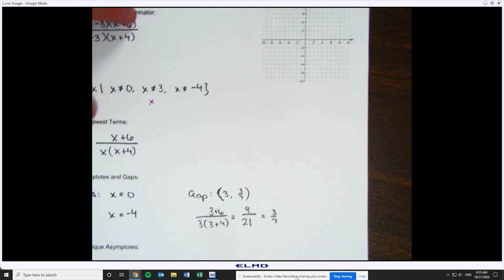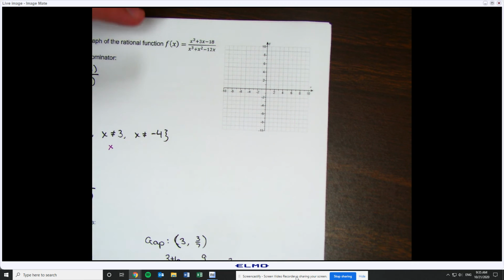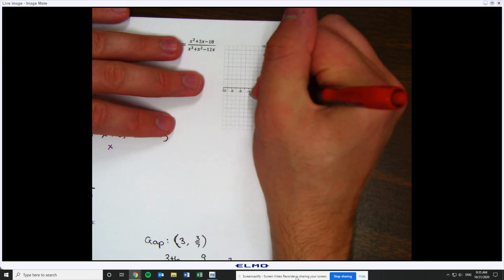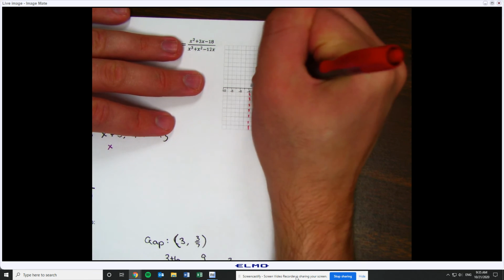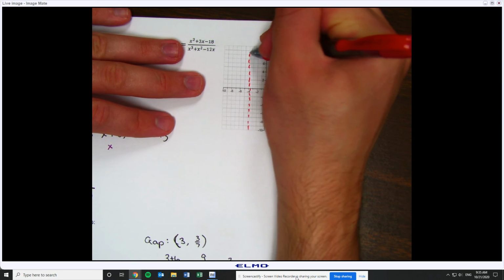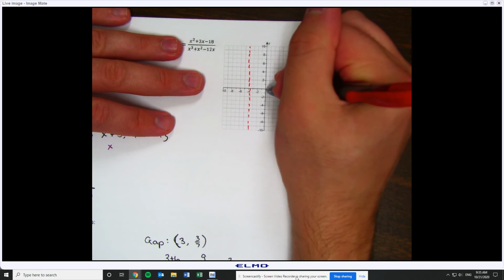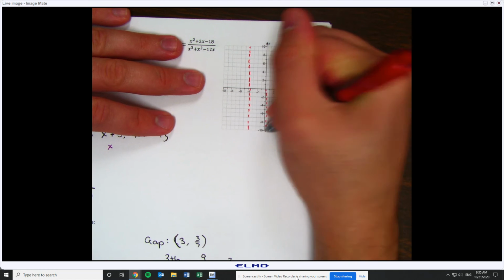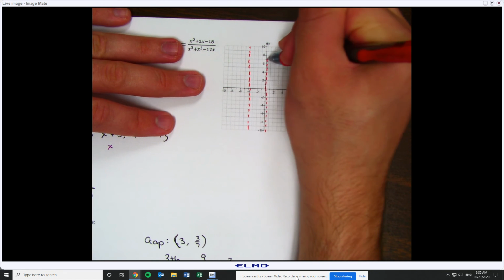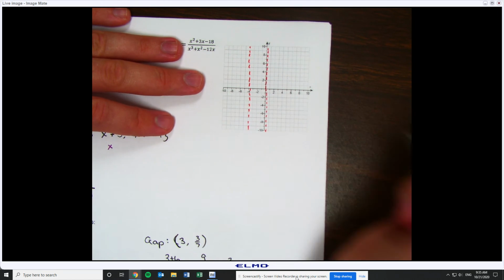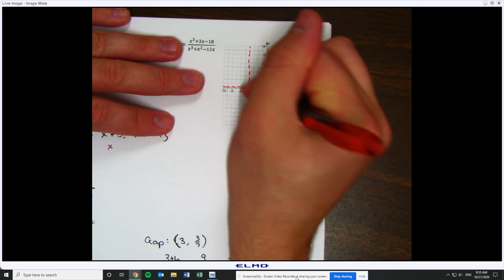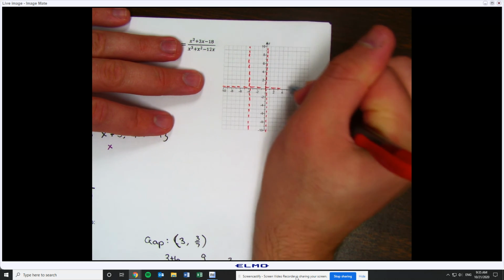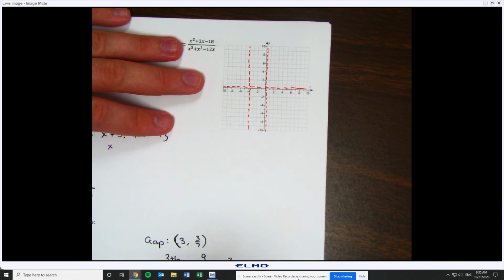So finishing this up, I have 2 vertical asymptotes. One's at negative 4. The other one's at 0. Then I have a horizontal asymptote right here at 0. Perfect.